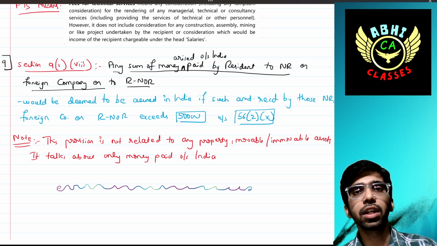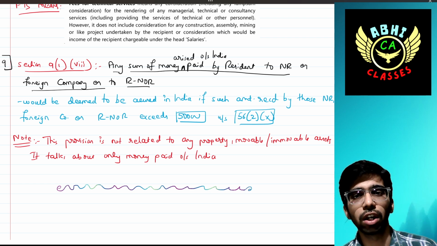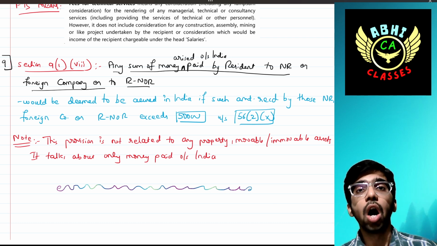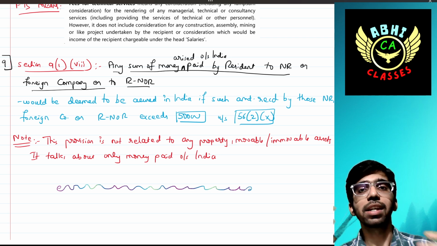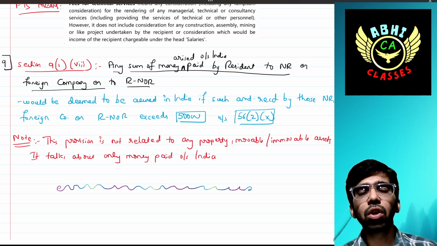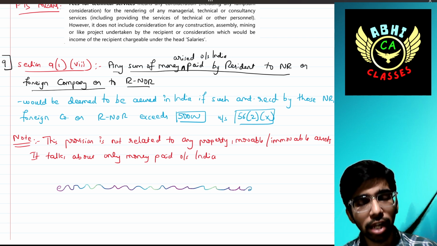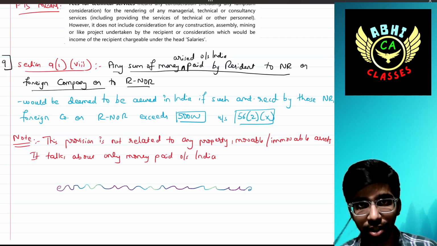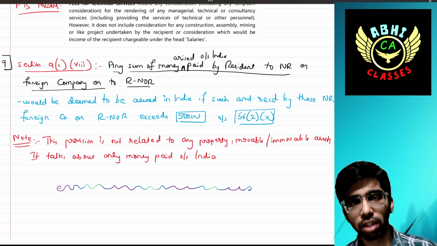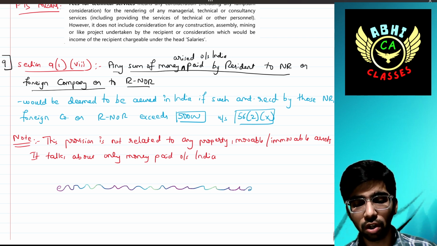We'll discuss it in detail under the chapter of income from other sources. This is the fifth head of income. Any sum of money payable by a resident to an NR or foreign company or R and NOR will be treated as income accrued in India in the hands of that recipient if that amount payable is more than 50,000 under section 56(2)(x). Okay, this is the last concept.